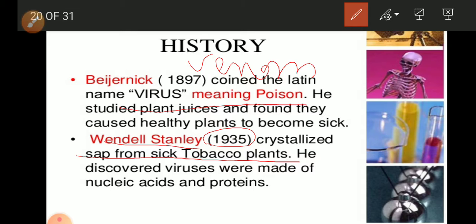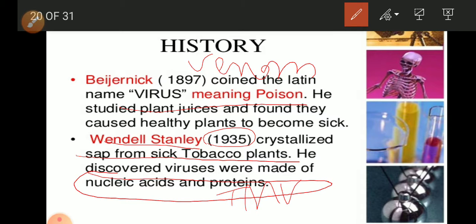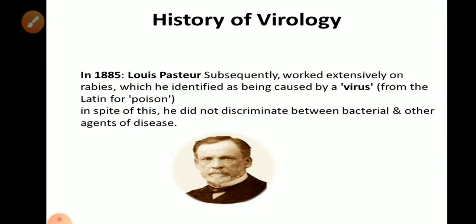He worked on tobacco mosaic virus, and in 1935 he crystallized that virus, and that was the first discovered virus, tobacco mosaic virus, TMV. He discovered that this virus has nucleic acids and proteins. The study of viruses is called virology.